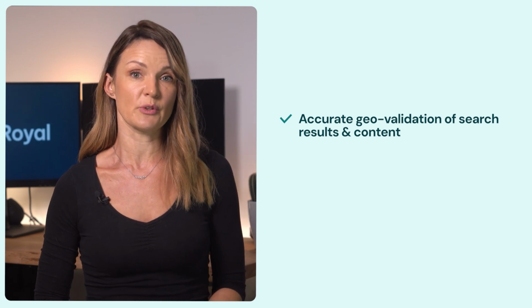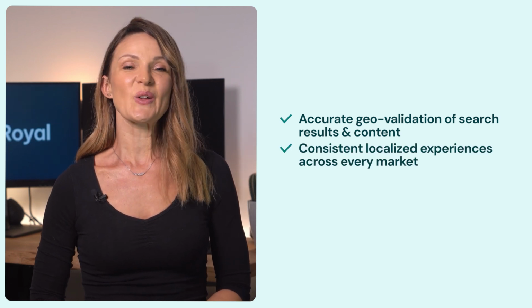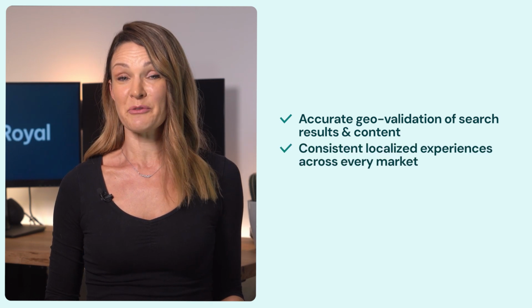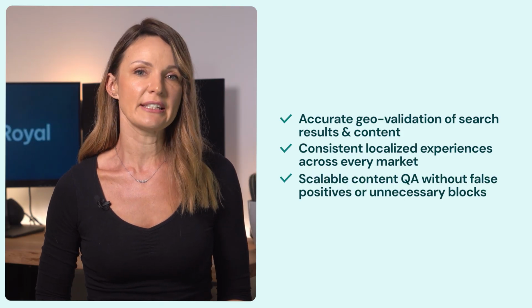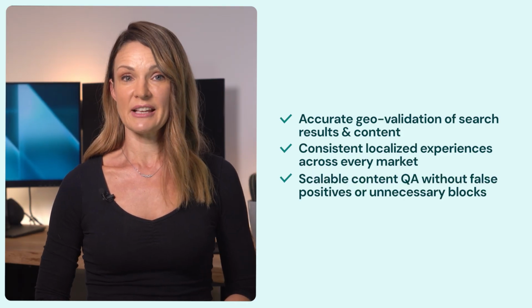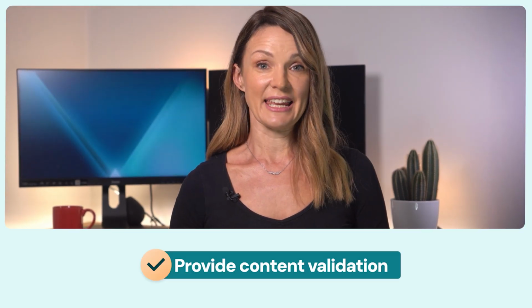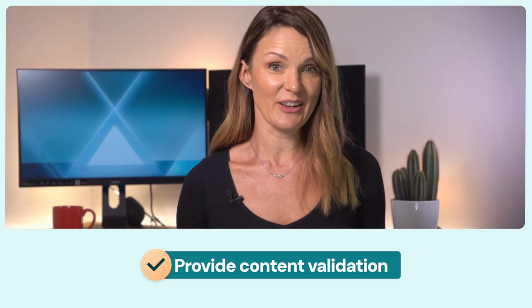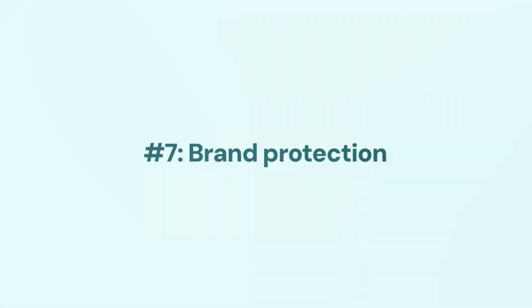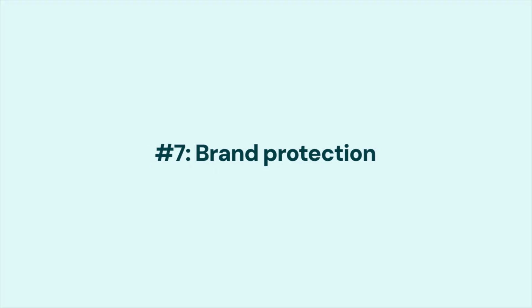With their high trust levels and automatic rotation, residential proxies ensure accurate geo-validation of search results and content, consistent localized experiences across every market, and scalable content QA without false positives or unnecessary blocks. In short, they provide content validation you can trust at scale across every location.